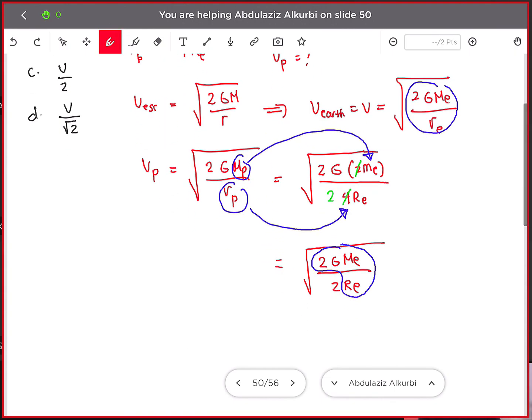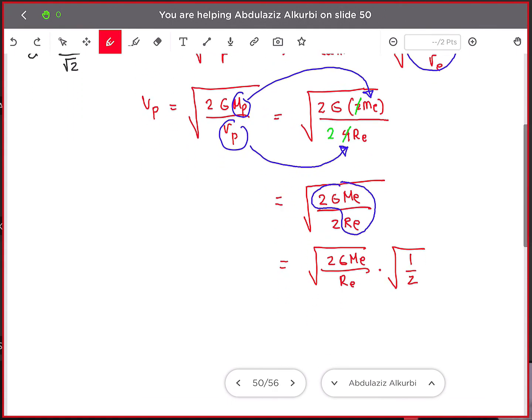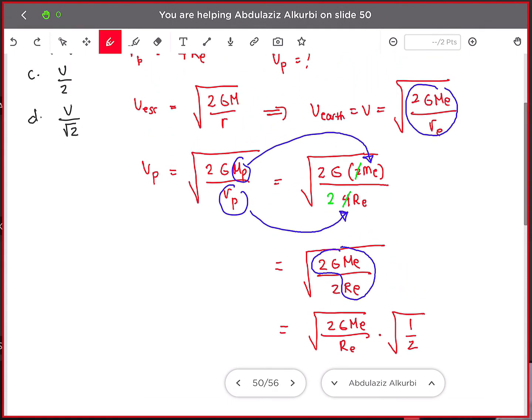This is just similar to the square root of 2G M E over R E multiplied by the square root of 1 over 2. They actually are the same.